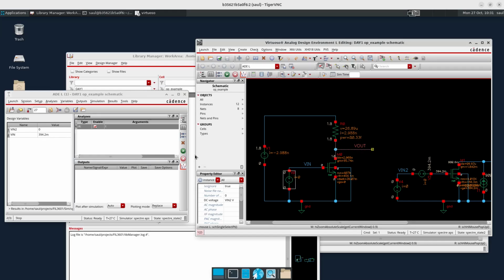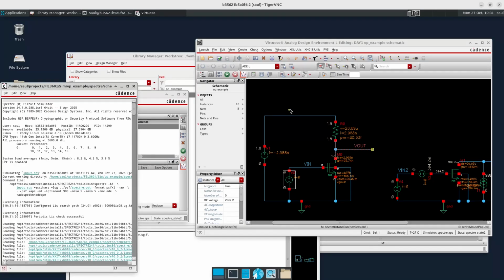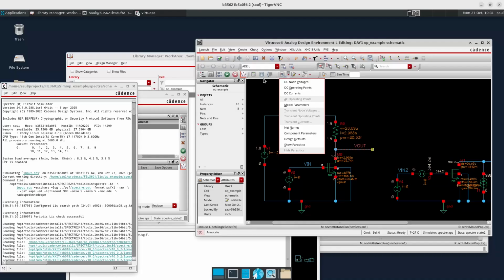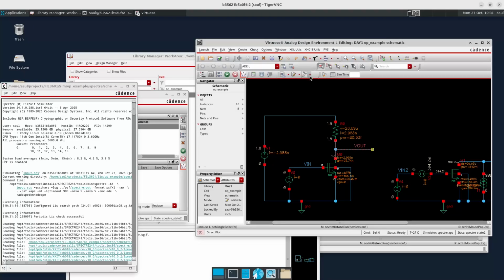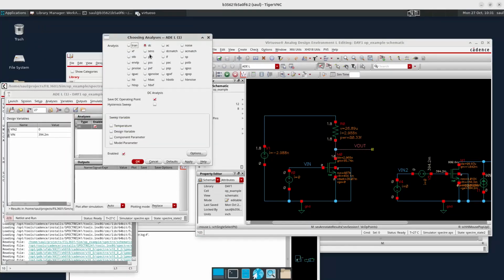So if I run the operating point simulation and annotate the operating points, so we can annotate the operating points from here. DC, annotate DC node voltages and DC operating points. After I run the DC save DC operating point simulation.